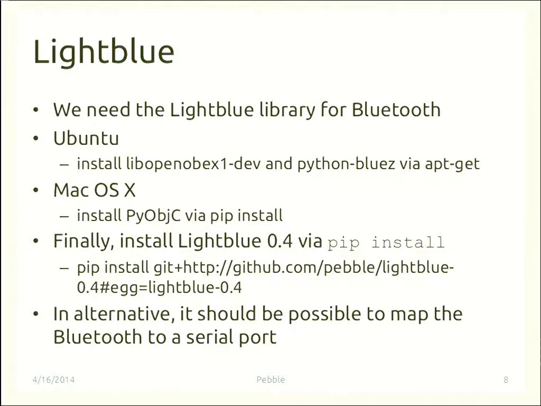Then, we need Bluetooth to speak with the Pebble. So a computer should have a Bluetooth dongle or Bluetooth already available in the hardware. There are two ways of using Bluetooth. One is fast and the other is slow. The slow version is this one: map the Bluetooth connection to a serial port, something in the /dev folder on a Unix system. And the other, the fast way, is using this LightBlue library that has some requirements for Ubuntu and Debian operating systems.